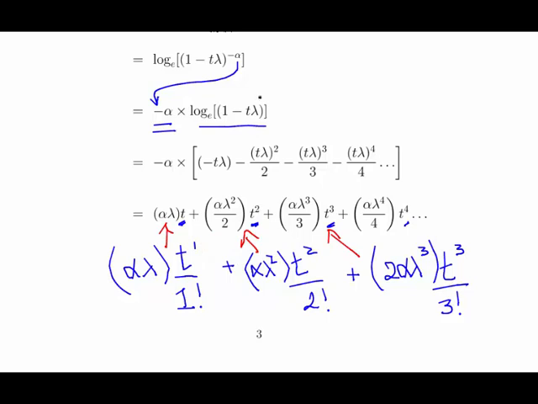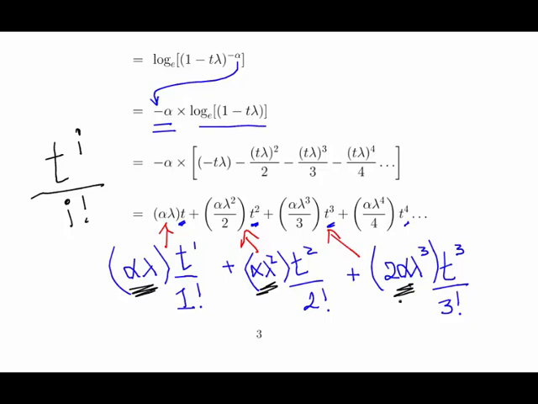Now the reason is I want everything in terms of t to the power of i over i factorial. It's a bit weird looking at it, but that's correct. So I want the coefficient in each case, and these are those coefficients there.